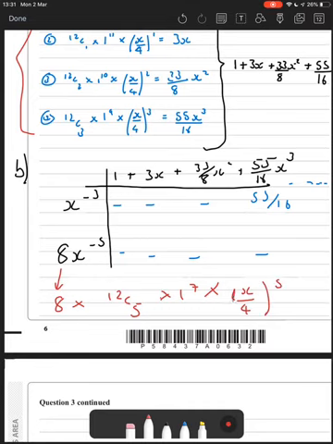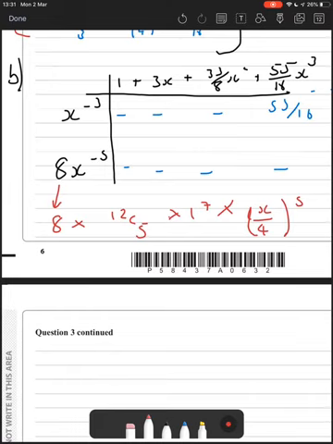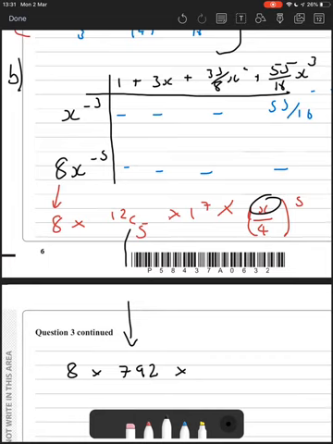Right, that's a little bit untidy. So if we multiply out all of this, I'm going to go on to the next page now. They've given us 2 pages for a reason. Then I'll just tidy that up. So I've got 8 multiplied by 12 choose 5, which actually gives us 792. And then we mustn't forget that we are multiplying by the coefficients, so I don't need to bother with this x to the power 5, because the whole idea is it cancels out.